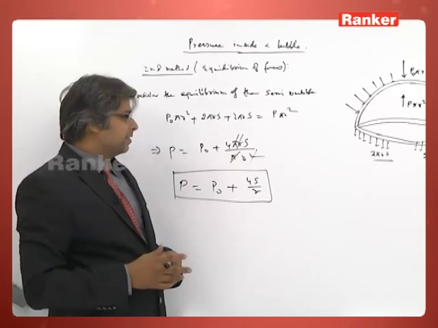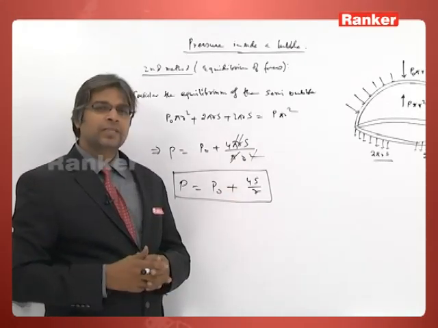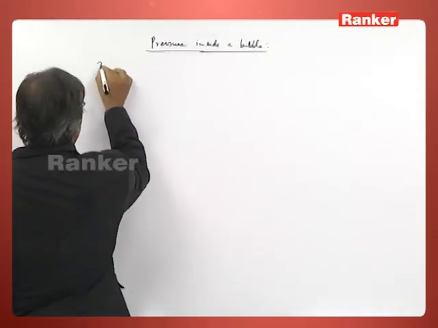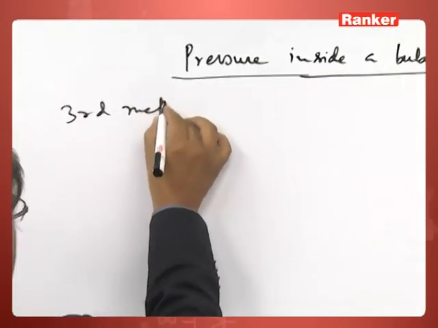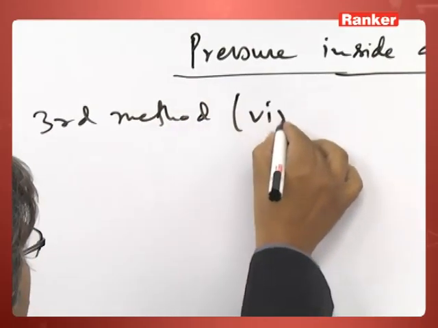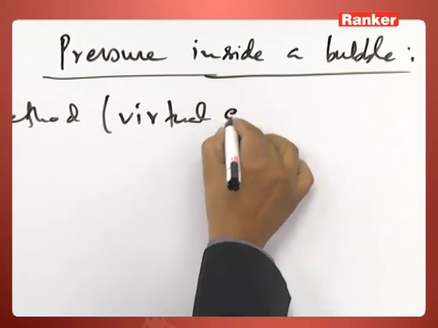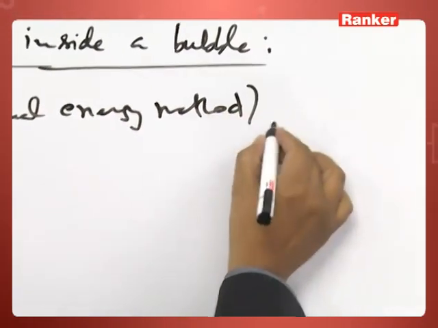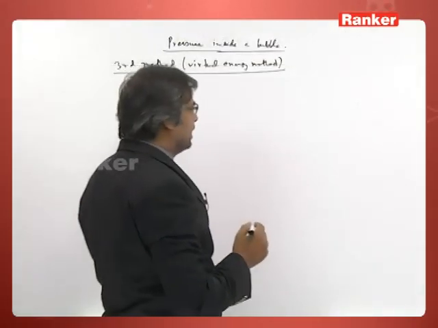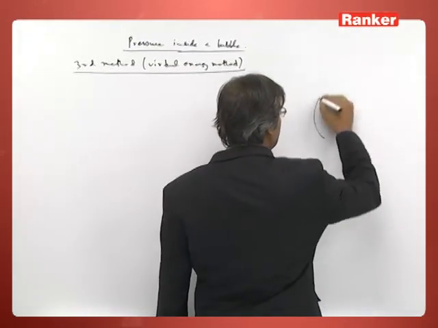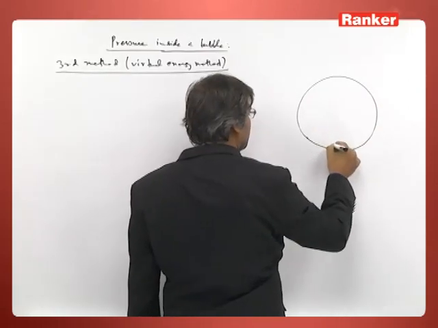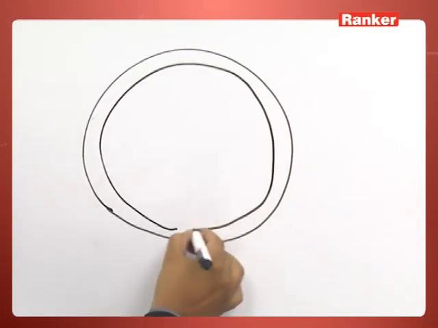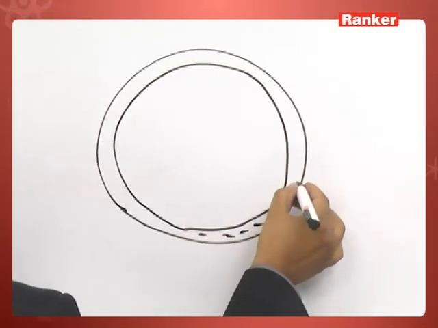Now, again we will derive this result with the help of the virtual energy method. The third method is the virtual energy method. Now let us consider a bubble. This is the bubble. You see this is the skin of the liquid.